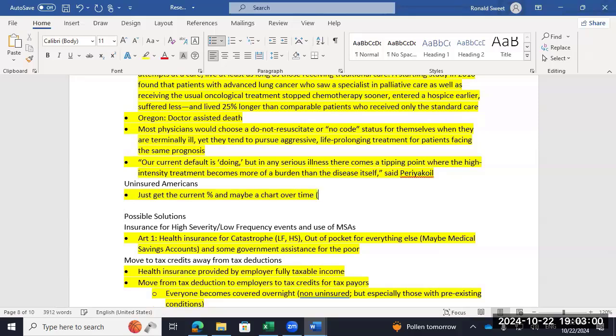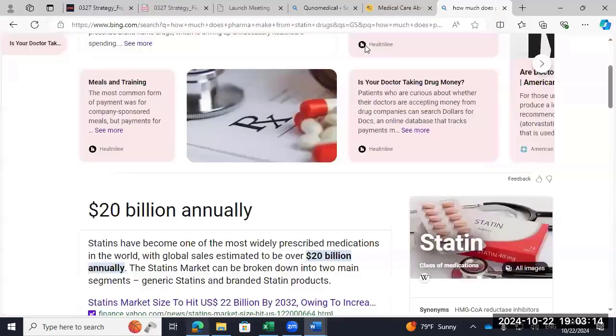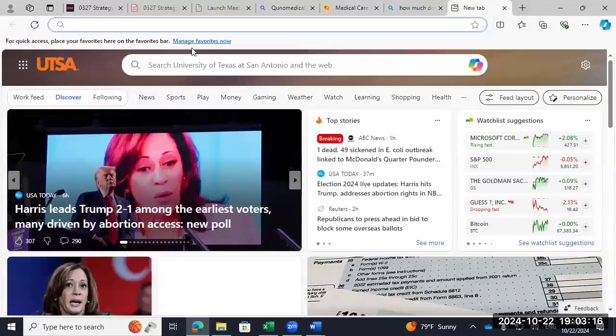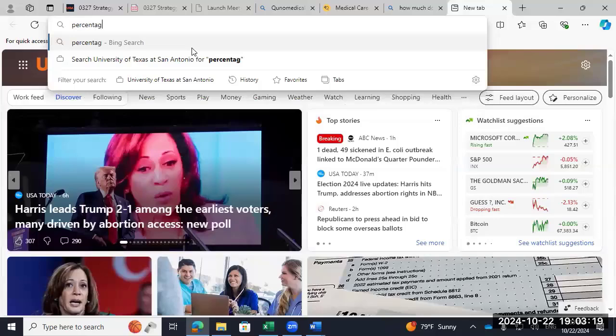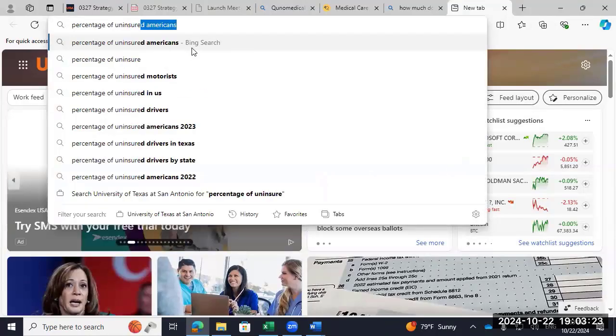But the rate is higher in the US than other countries. ACA did bring it down. That's the kind of thing you want to discuss here. But it's so easy. It's a percentage of uninsured Americans.